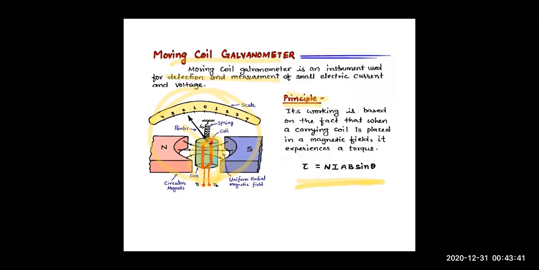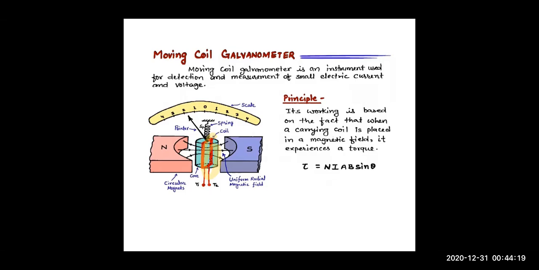How much torque will be produced is given by the formula NIAB sin theta, where N is the number of turns in the coil, I is the current that is flowing in the apparatus, right? A is the cross-sectional area and B is the external magnetic field B, right? And theta, children, is the angle between the area vector A and the magnetic field B, right, children? Now let's try to understand the construction.